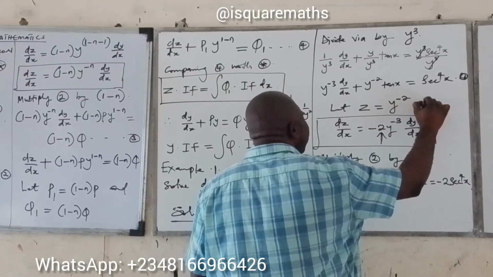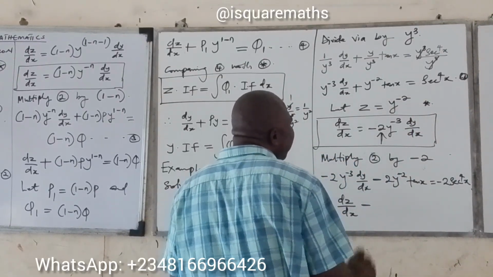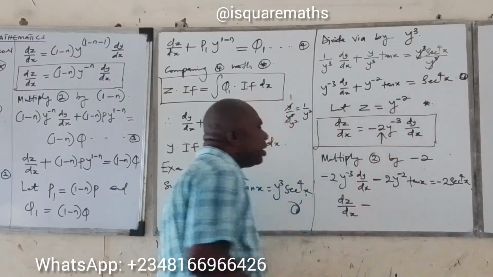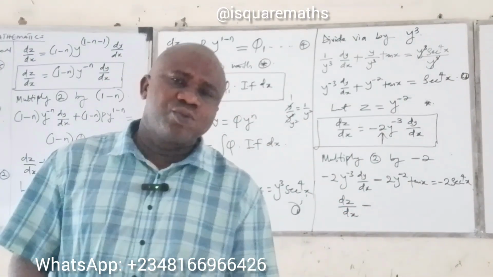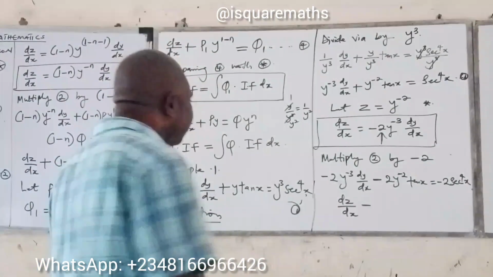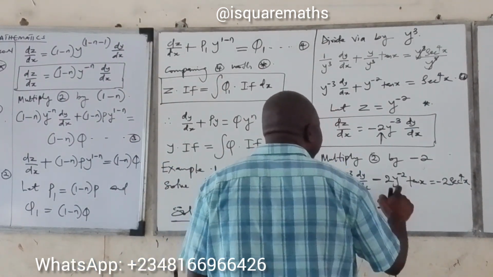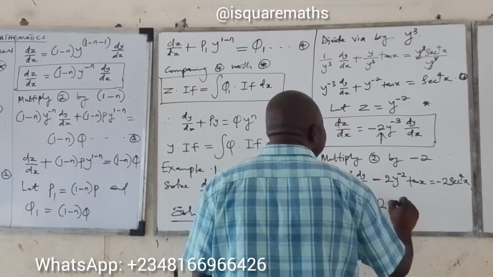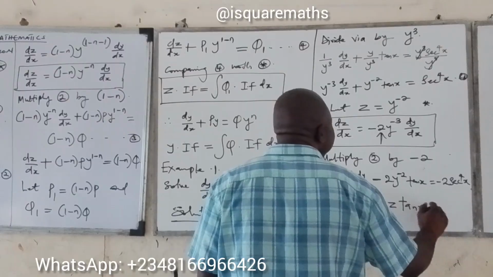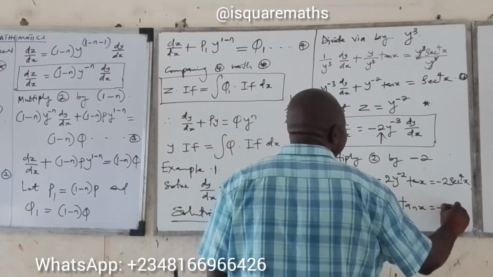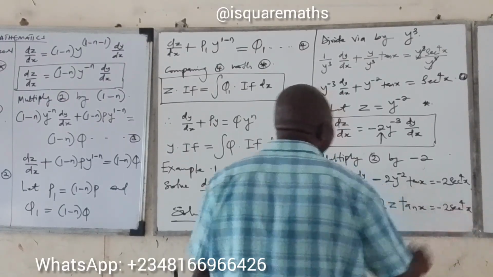Let me just asterisk this. So now remember we said let z be equal to y raised to the power of minus 2. So it therefore means that here we have minus 2, this is z now, we have z, then here we have tan x is equal to minus 2 sec power 4x.